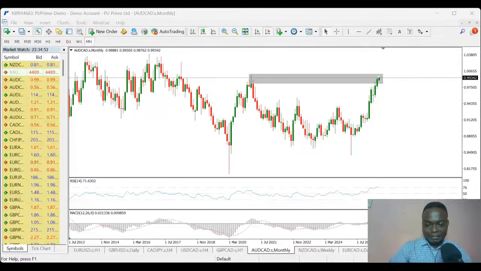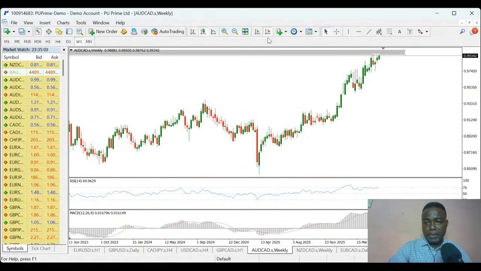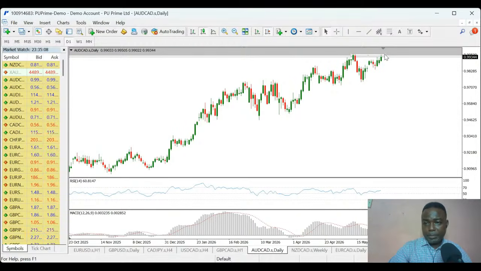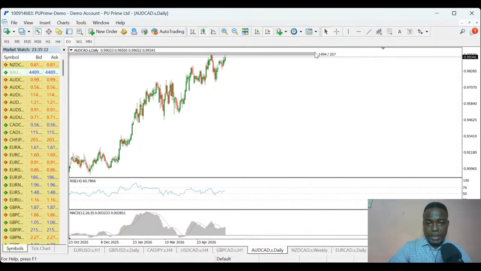All right. So we can clearly see that price is trading around a previous resistance zone right on the monthly time frame. So it's still covered in the weekly. Now we take it straight to the daily time frame. We're still within that monthly resistance zone.